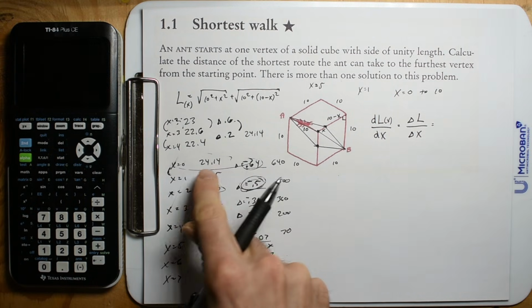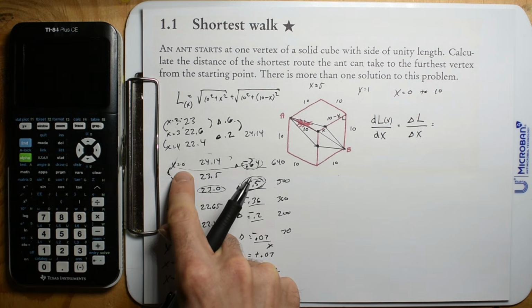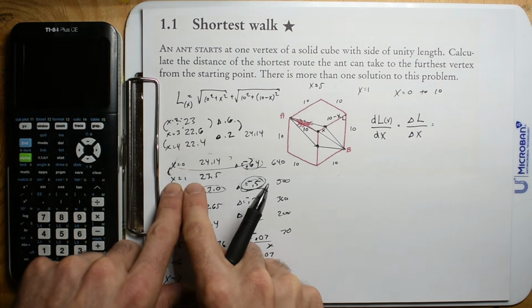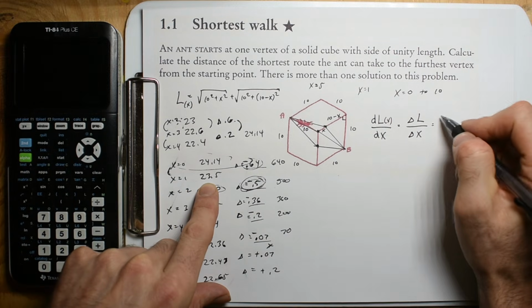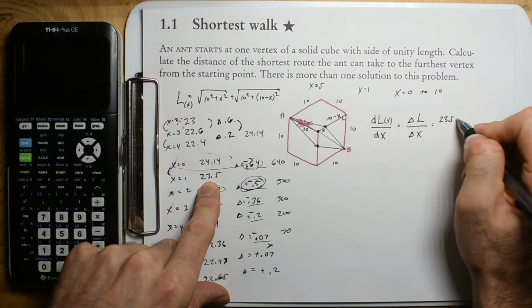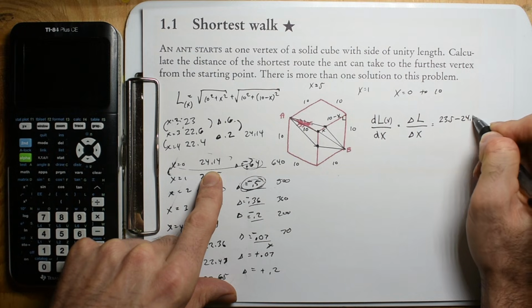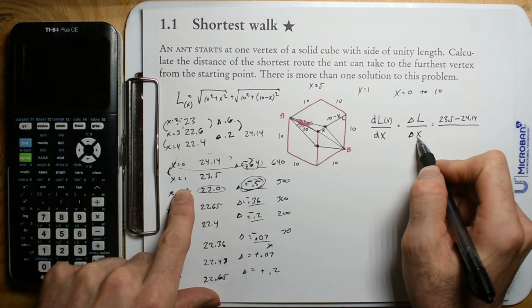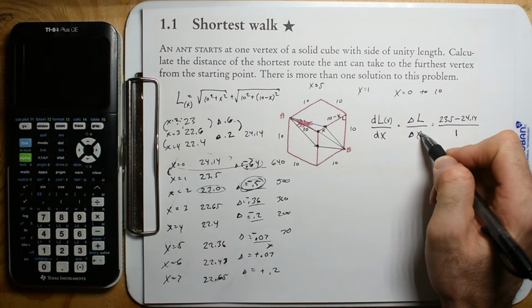And so that's exactly what we have done. We changed x. Let's say x is 1, so we get that length of 23.5, and then we're going to subtract 24.14. And then what did we do with our change in x? Well, we changed our x by a value of 1.